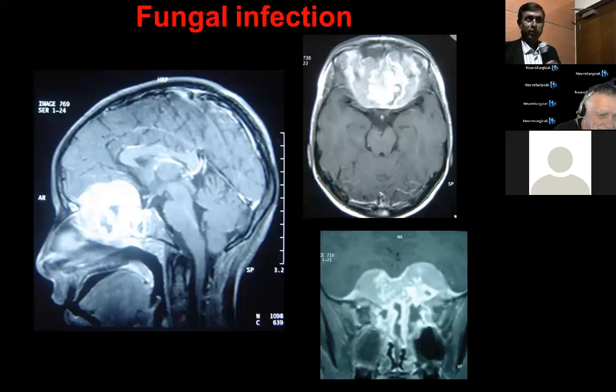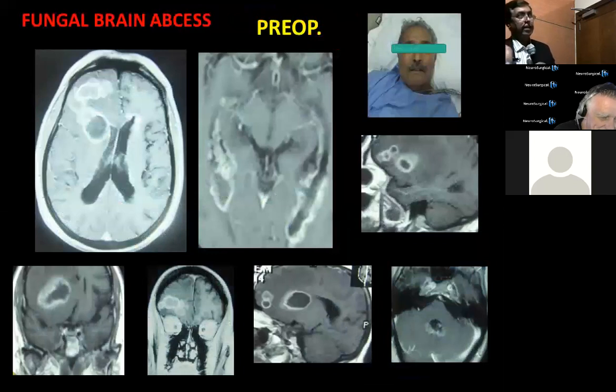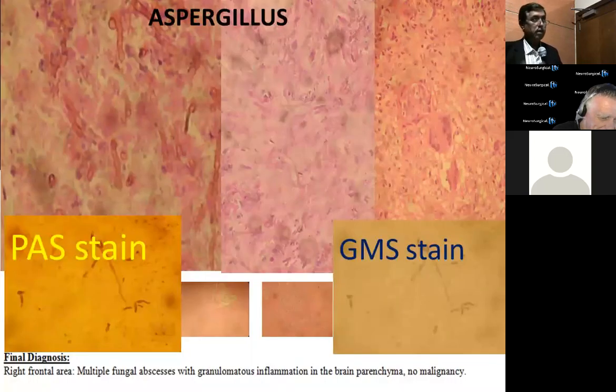Yes, we'll get there. And here, again, an Iraqi gentleman with fungal sinus infection complicated with brain abscess. So it was aspergillosis. And these are your stains in the lab.